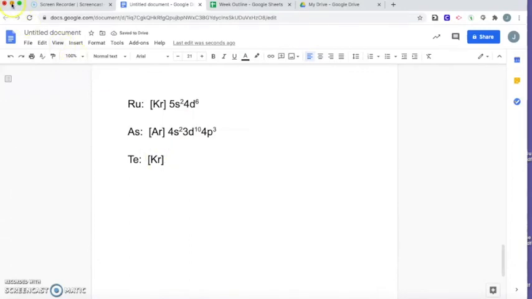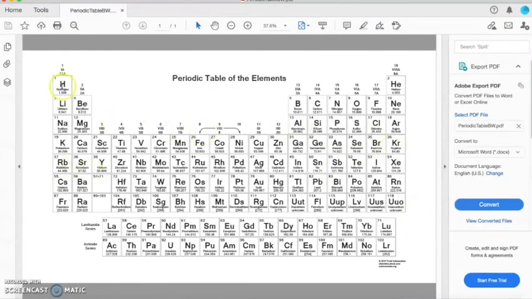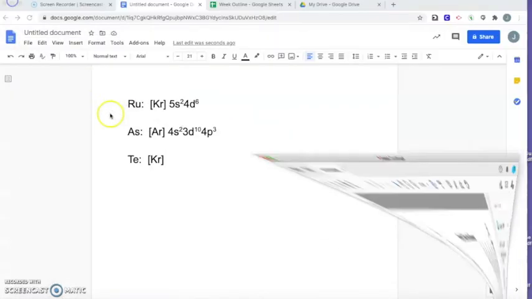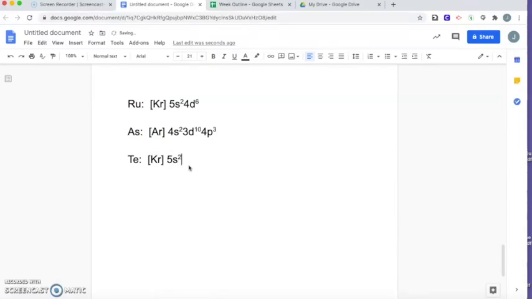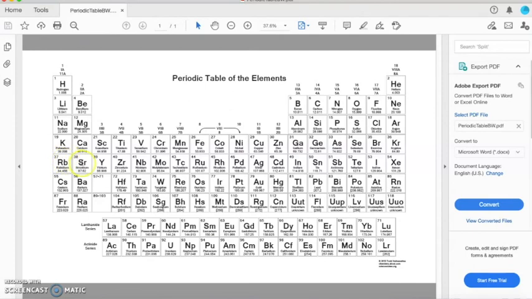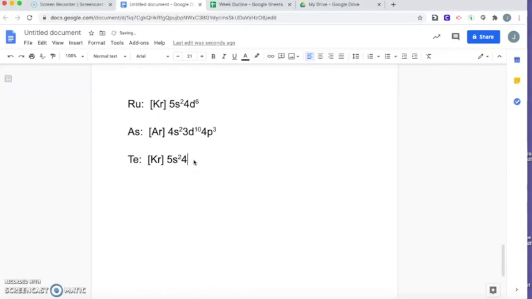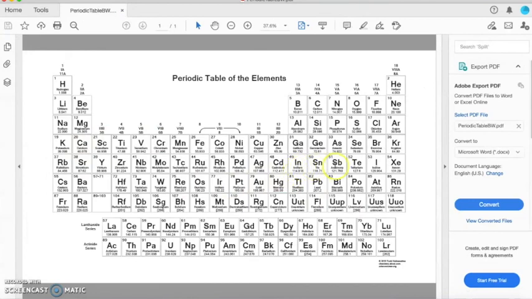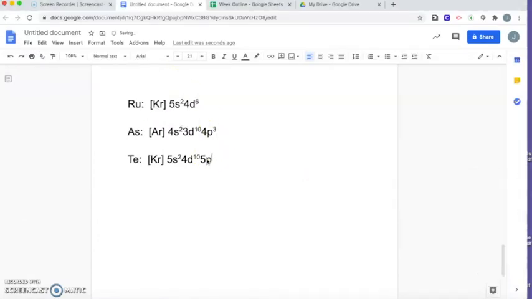And after Kr should be 5s, 1, 2, 3, 4, 5s, so 5s2, and then I keep counting. 1, 2, I got my 4d, 1, 2, 3, 4, 5, 6, 7, 8, 9, 10, 4d10, and then after my 4d should be 1, 2, 3, 4, so it's 5p4. 5p4, and that's the abbreviated configuration for tellurium.